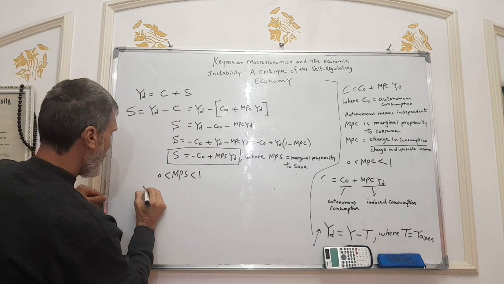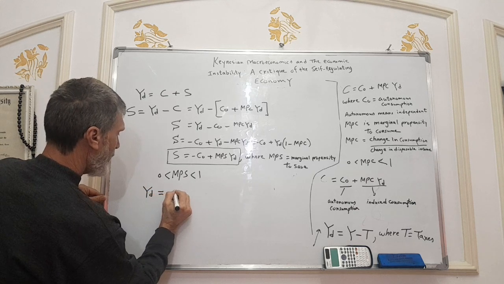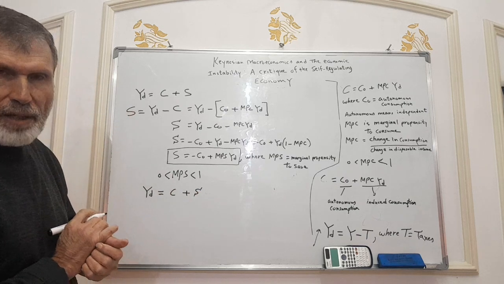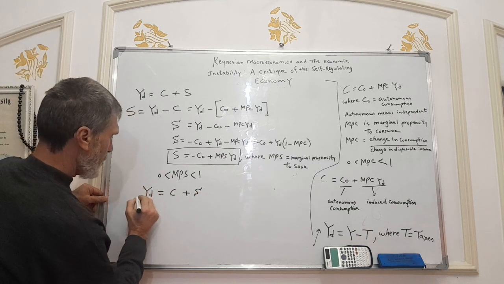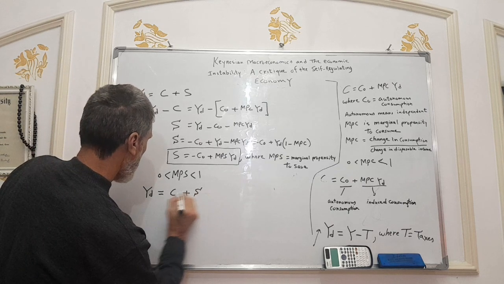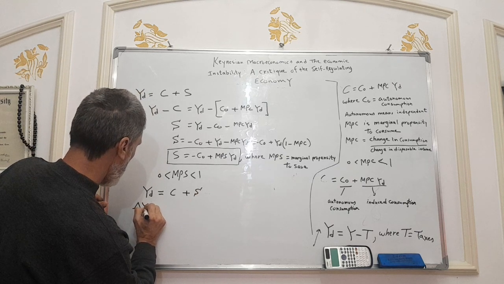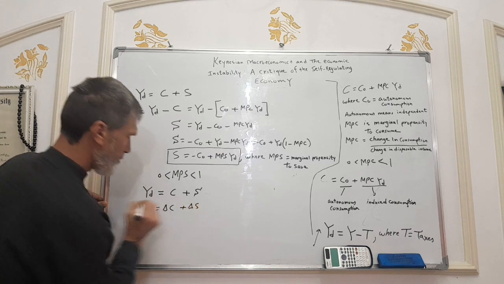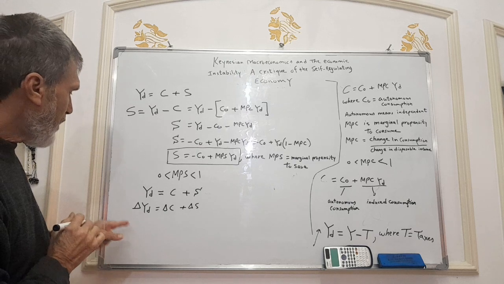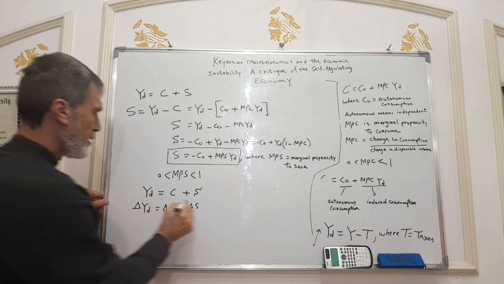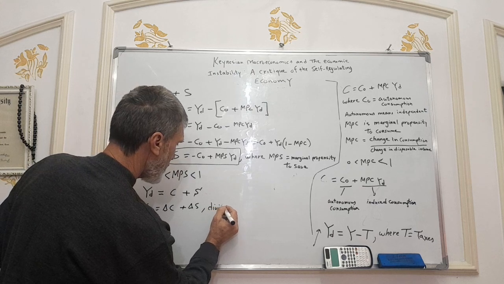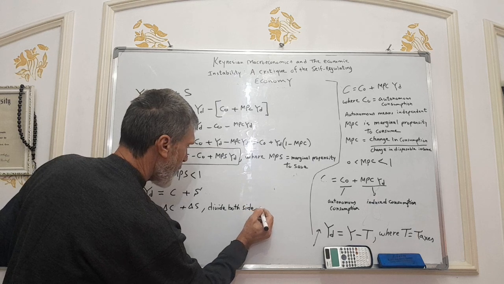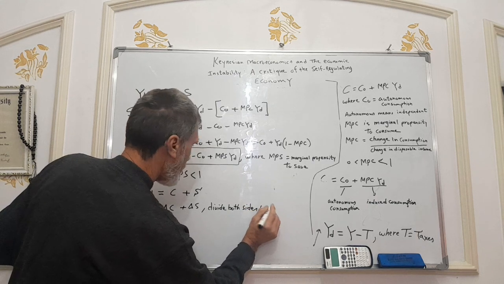Now remember that YD is equal to C plus S. Take the change of them. Now we get change in YD is equal to change in C plus change in S. Now divide both sides by the change in YD.